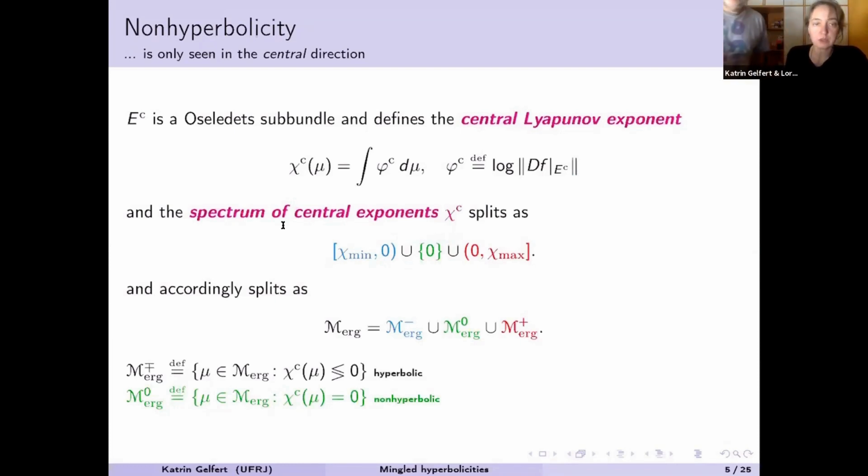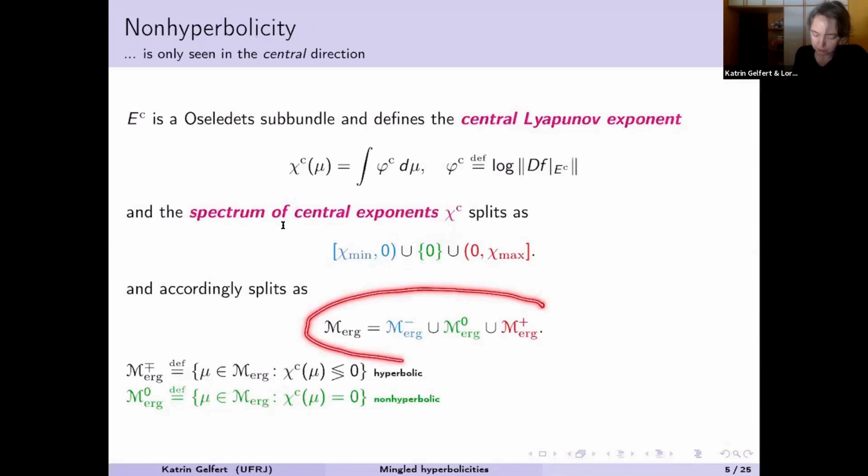Okay, so the main approach that we worked with Michal is to focus on this splitting of the space of ergodic measures. So forget about the non-ergodic measures, just focus on the ergodic measures, which are invariant under your partially hyperbolic diffeomorphism. So there are some ergodic measures which are contracting type in the central direction.